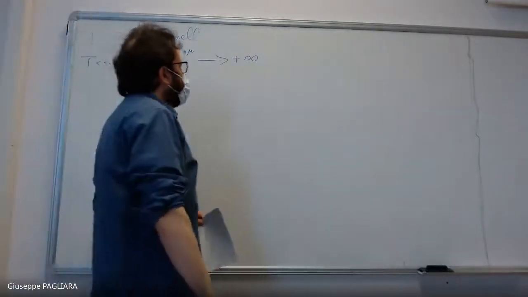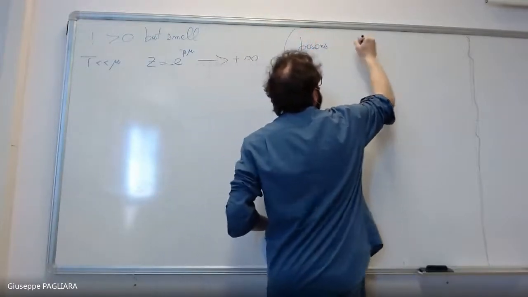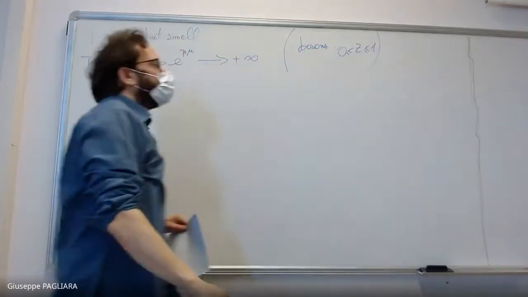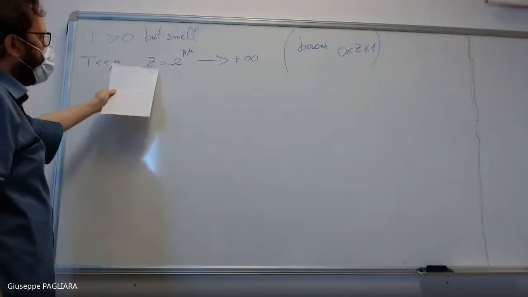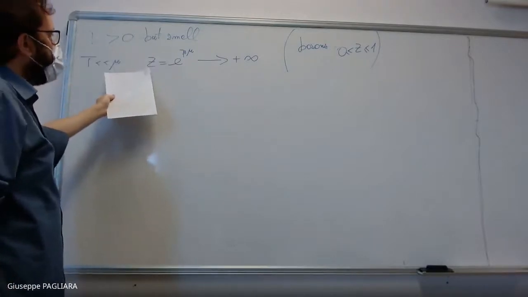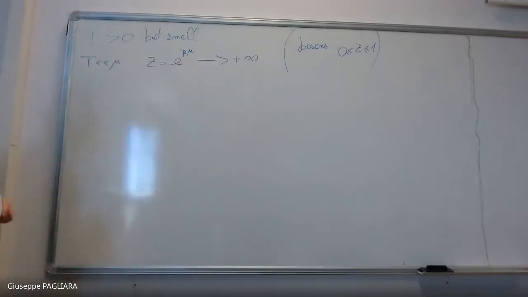As opposed to the case of bosons, where z was varying within the range 0 to 1, and 1 was the quantum limit in which I have a Bose-Einstein condensate. Whereas in this case, for small T, basically z goes to infinity, because mu is a positive number and if T is small, then this goes to plus infinity.